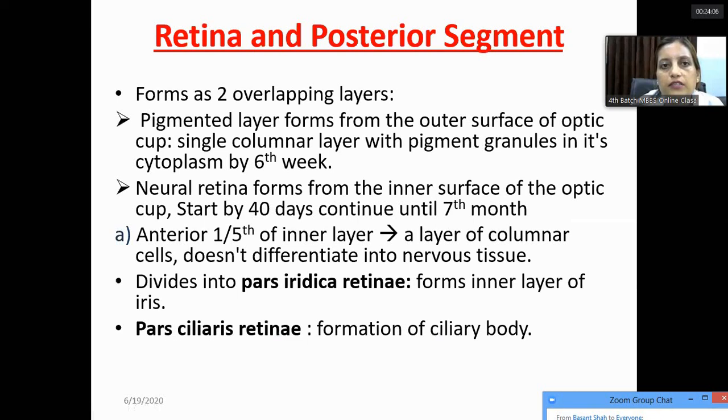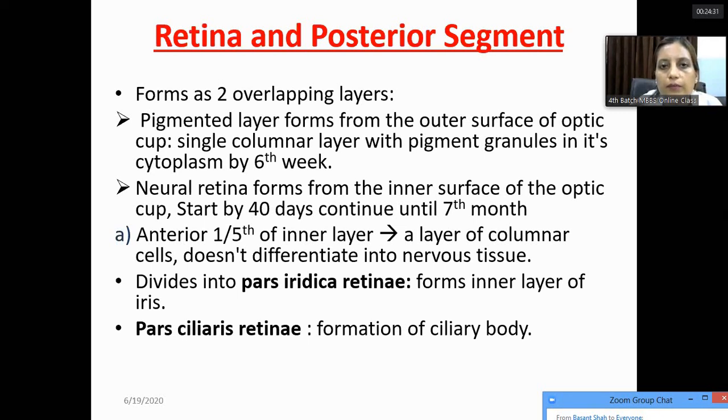The retina and the posterior segment form as two overlapping layers. The pigmented layer forms from the outer surface of the optic cup, which is a single columnar layer with pigment granules in its cytoplasm, by 6 weeks. And the neural retina forms from the inner surface of the optic cup, starting by 7 weeks and continuing until 7 months.